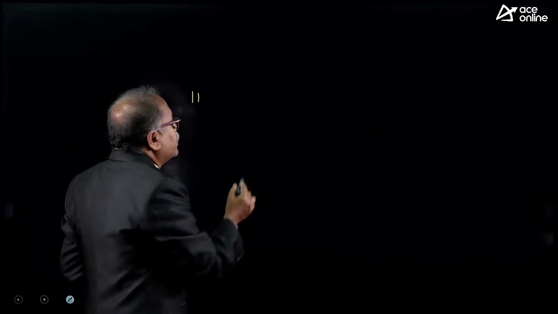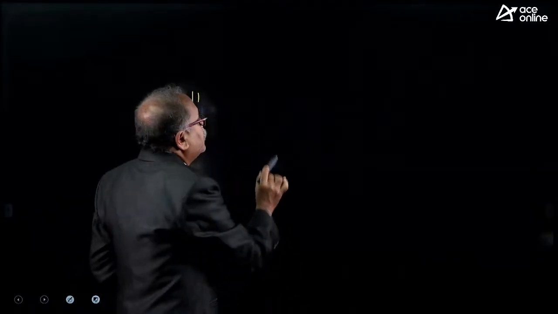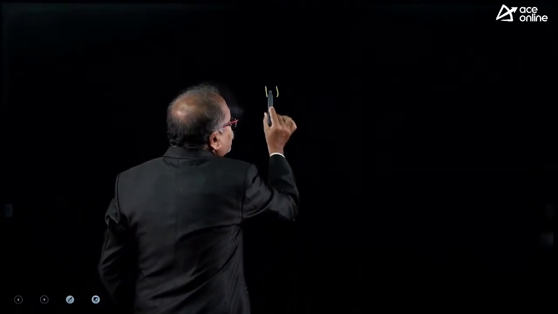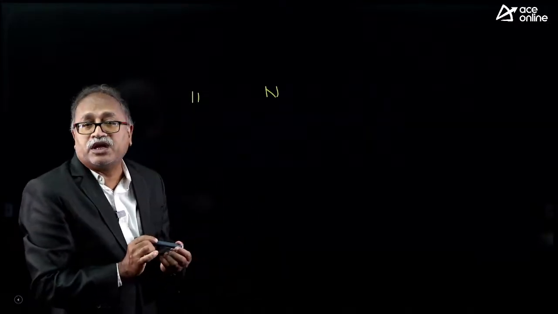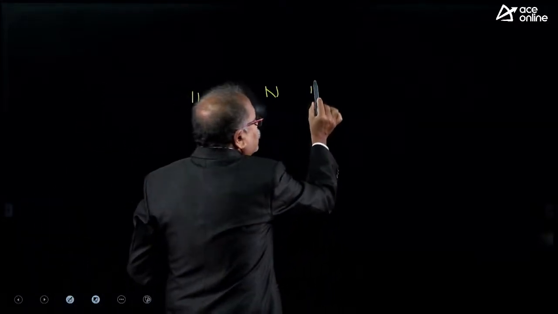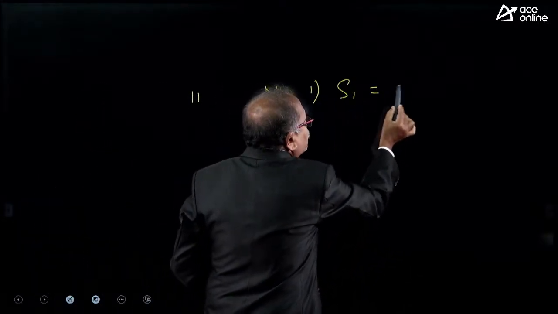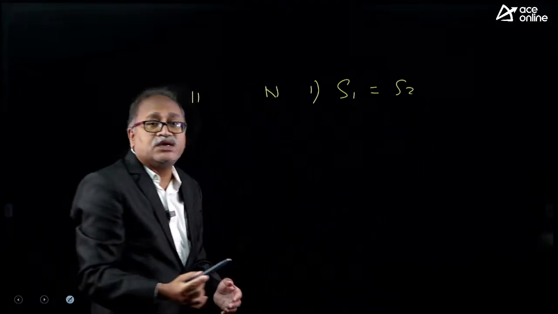You must be knowing the divisibility rule of 11, or else I will discuss it here. How do we check whether a given number n is divisible by 11 or not? One condition is that S1 is equal to S2. What are S1 and S2?